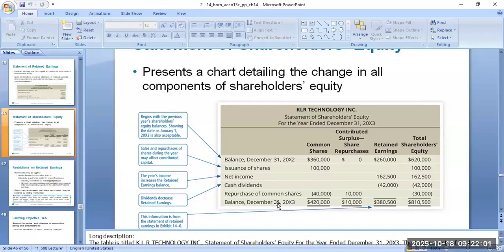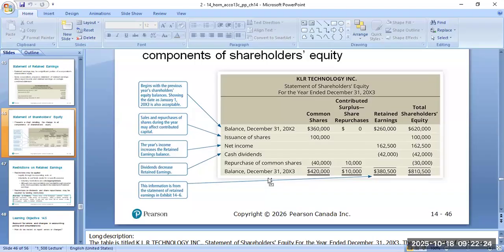And then we have the balance of December 31st, which is a simple vertical calculation for all elements of the common share, contributed surplus, retained earnings, and total shareholders' equity, where the total shareholders' equity is a horizontal calculation of everything that we have on every single line of the shareholders' equity.